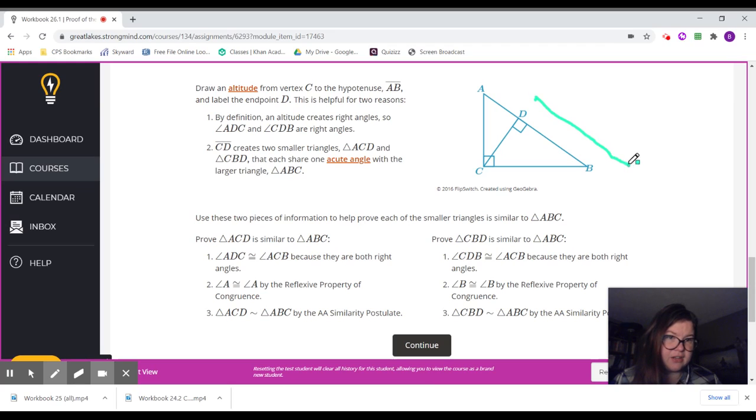Then the line that they drew right there, that CD, would be right here. And you would see that it's like the height of the triangle when it's like that. So that's what the altitude is. It's the distance from the right angle of the original triangle to this opposite side. So that's kind of talking about the height of the triangle.